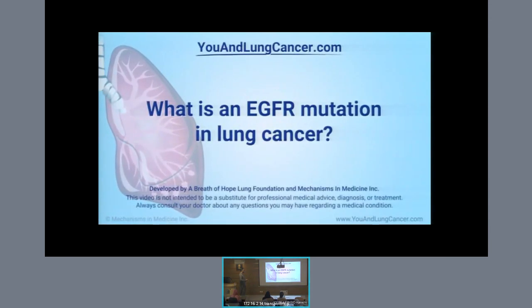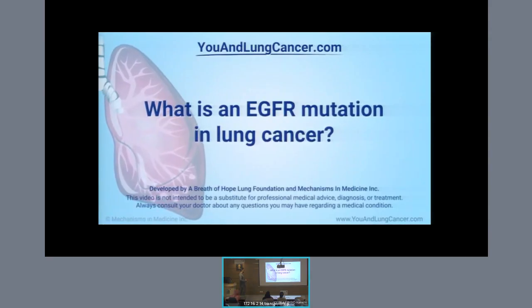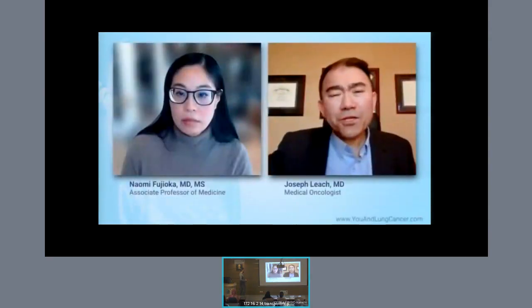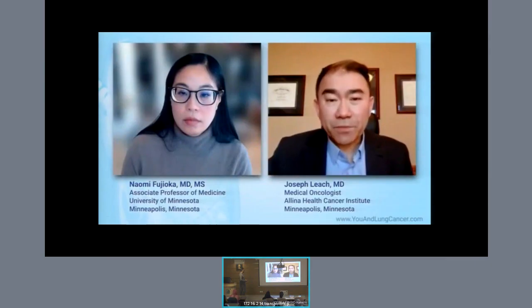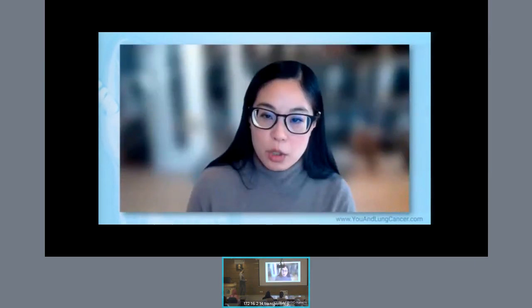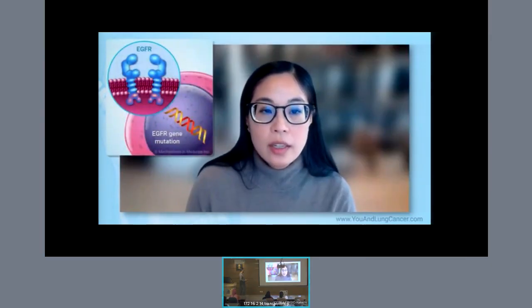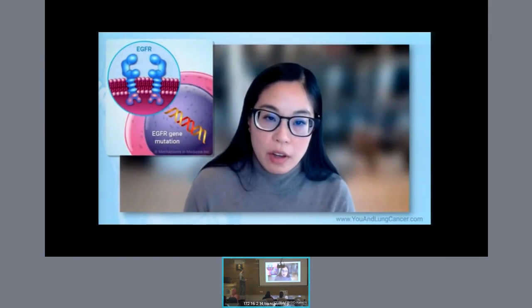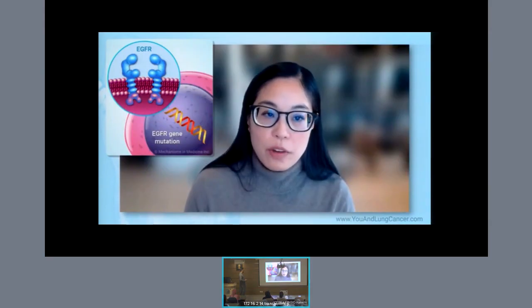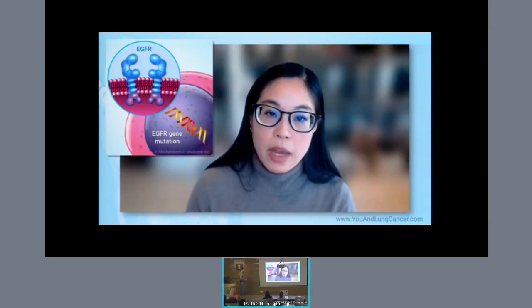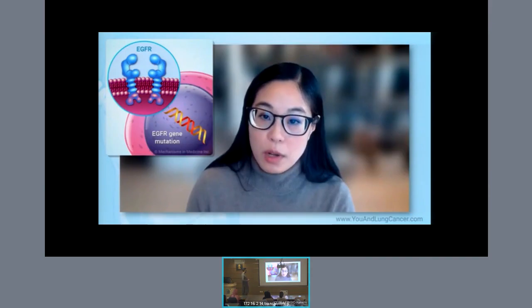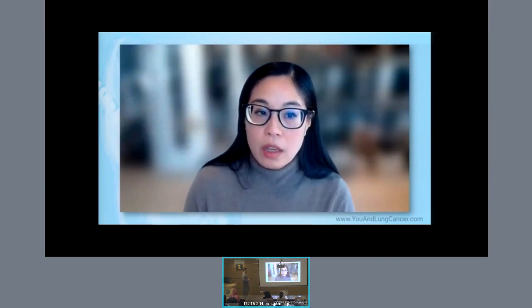So let's take an example of the lung cancer. Leonie, could you tell us what is an EGFR mutation in lung cancer? Sure. So an EGFR mutation is a mutation in the gene called EGFR. It's a gene that we all have on our normal cells, but it's also very, very important in many different cancers, including non-small cell lung cancer.